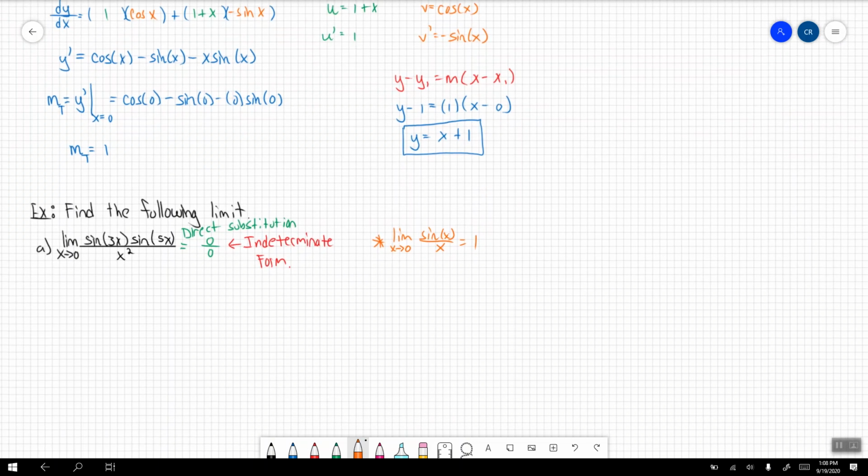So all we have to do is match the argument of sine in the numerator with the argument in the denominator. Okay, so let's go with that. I'm going to be looking at the limit as x is approaching 0.